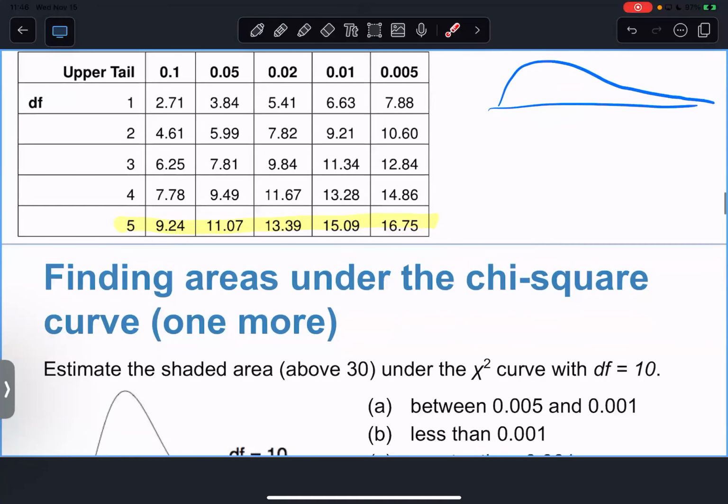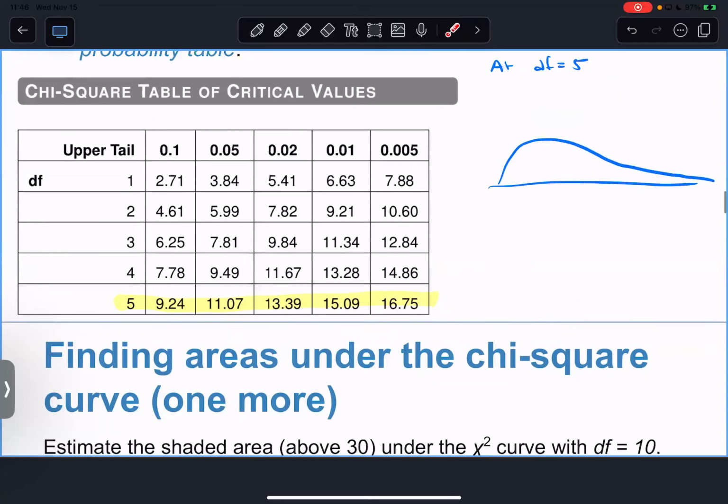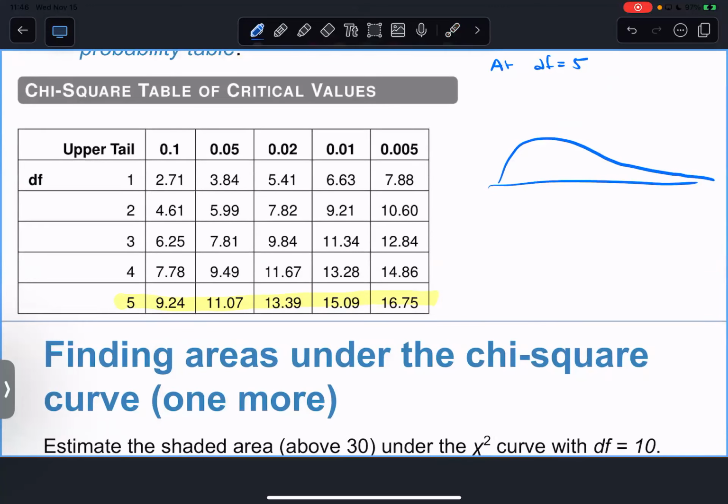At 5 degrees of freedom, what this table is telling me is that if chi-squared is 9.24, here, I'll scroll up, 9.24, the area in the upper tail is 0.1. So we've got 9.24, just drawing it somewhere. The table tells me that area is 0.1. So if I get a chi-squared of 9.24, the p-value is 0.1.